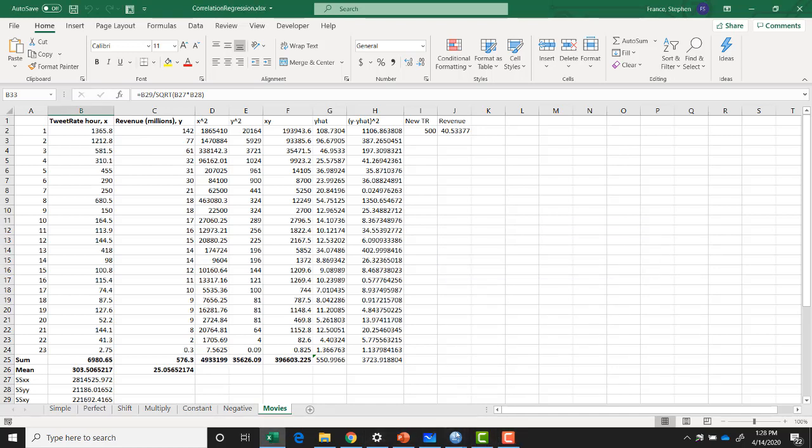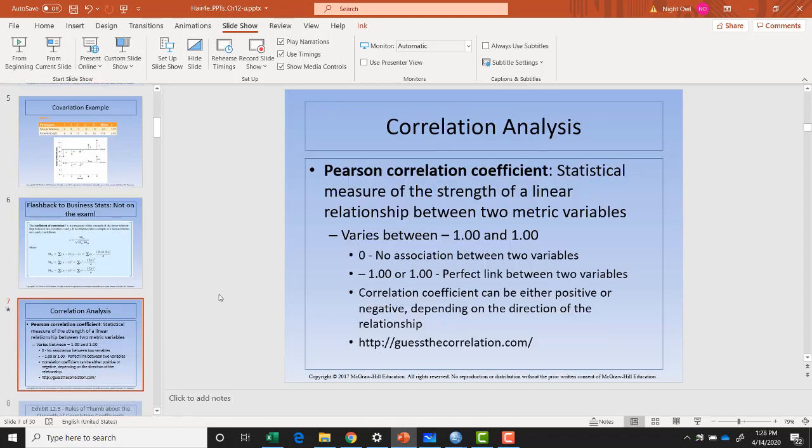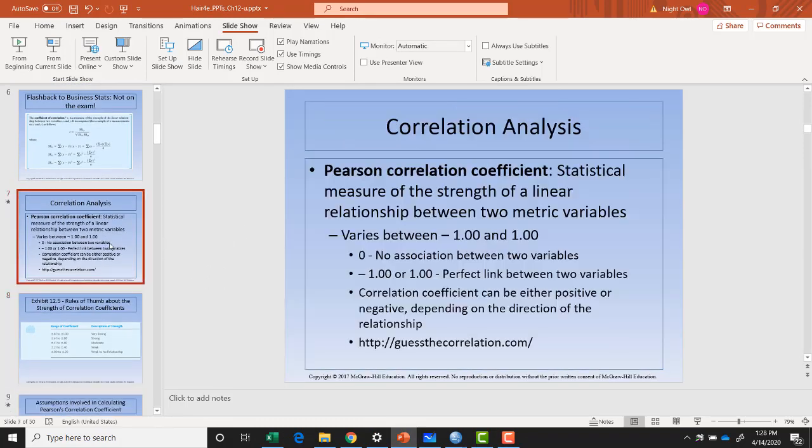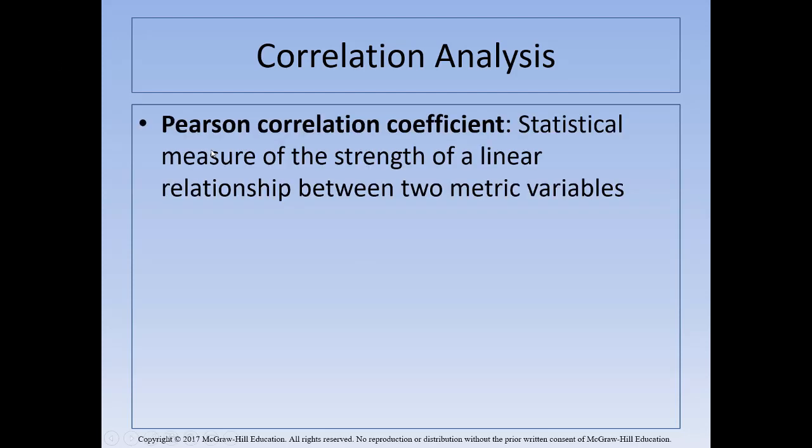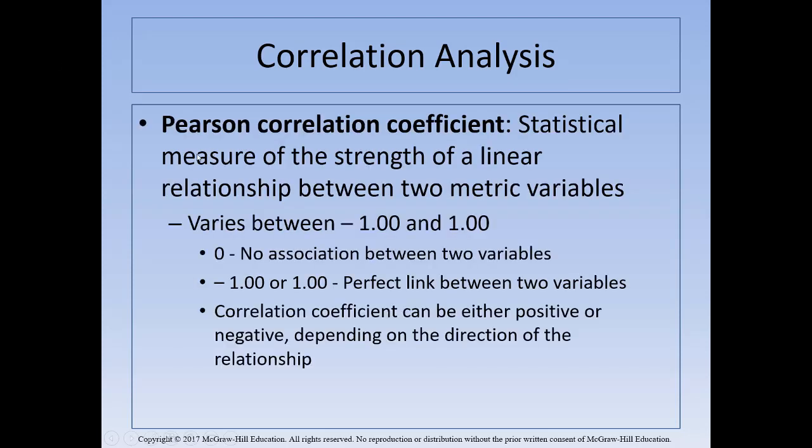Okay, so let's go back to the slides. And so this is what we talked about before. The correlation varies, the standard Pearson correlation, the one we're going to talk about in class, varies between -1 and 1. 1 is this absolutely perfect positive relationship with no error.